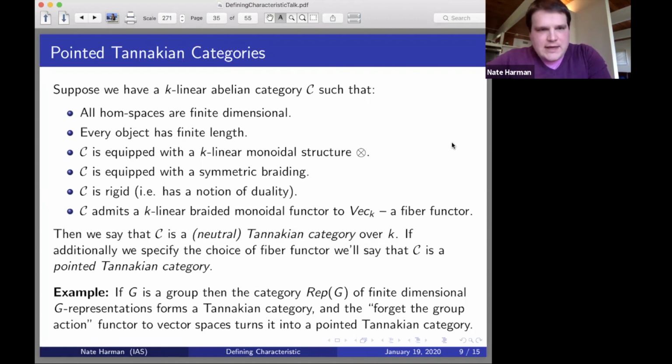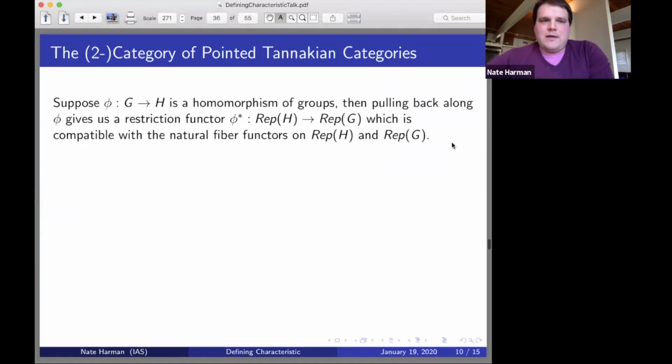Okay. So now I want to get to I think it was Tony's question. What do I mean by maps between pointed Tanakian categories? I want to make pointed Tanakian categories into a category, or maybe a two-category if I really want to be careful about it.